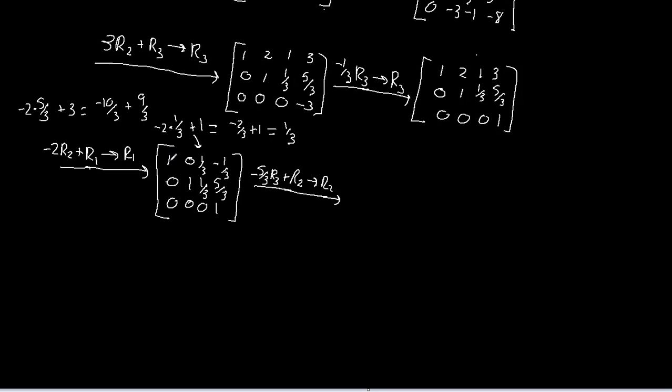Because this is 0, all these other numbers are going to be the same. So we're going to keep our 1, our 0, our 1/3, our -1/3. We're going to keep our third row, 0, 0, 0, 1. Right, because all of these are 0, the first 3 numbers don't change. So we're going to keep our 0, 1, 1/3. 1 times -5/3 is -5/3, plus 5/3 is 0. So we're good there.